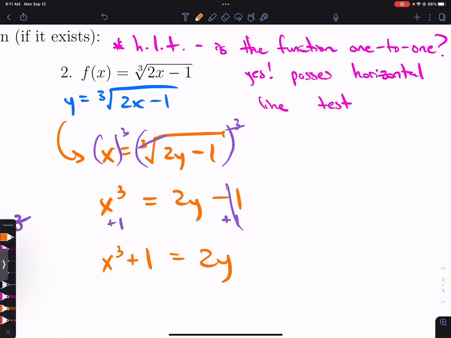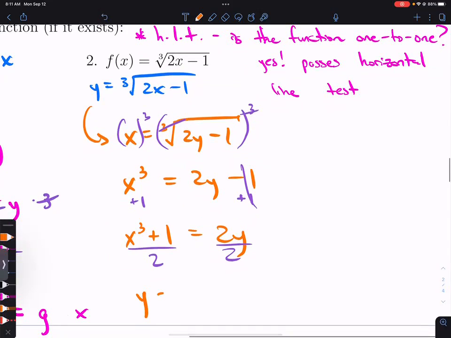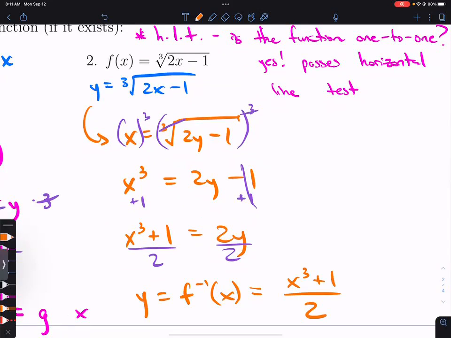And then last thing would be divide by 2. Yeah. So y, which is the inverse to the function f, is x cubed plus 1 over 2.